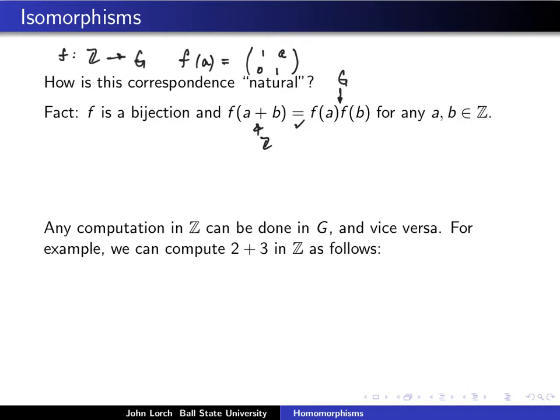To see how that happens, let's just take f of a plus b. Well, that gives us this upper triangular matrix. And we saw on the previous slide that that can be written as the product of these two individual matrices.